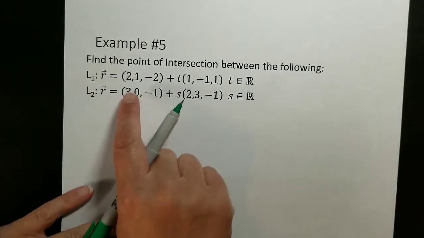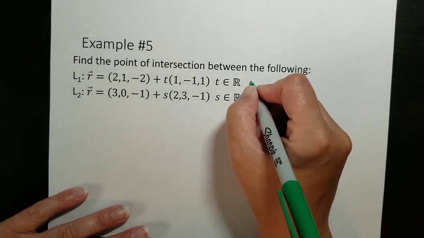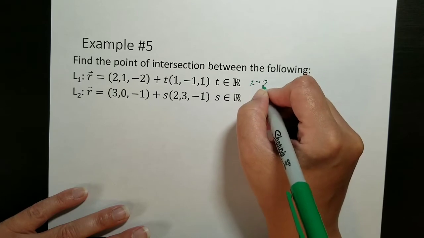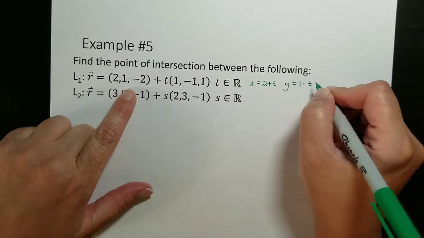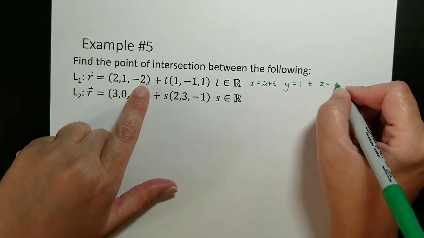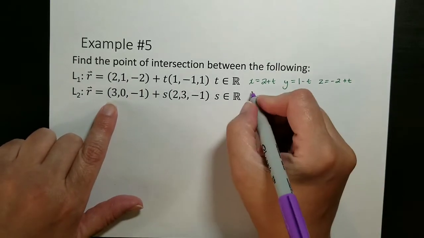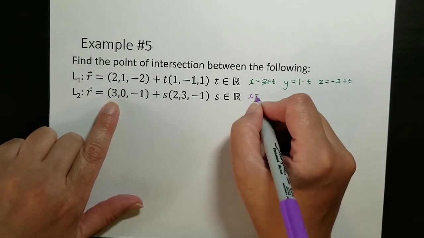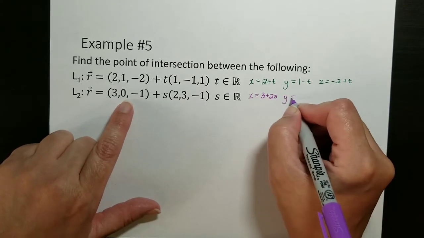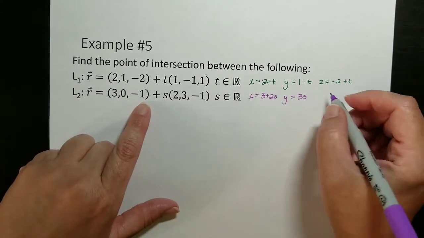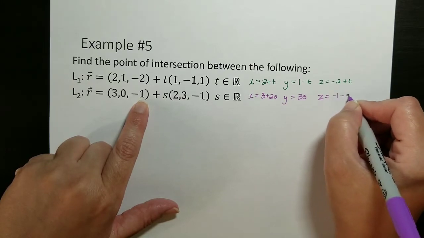So I'm going to take each vector equation and rewrite it as parametric. So the first one, I'm going to say x equals 2 plus t, y equals 1 minus t, and z equals negative 2 plus t. And then the second one, I'm going to say x equals 3 plus 2s, y equals 3s, and z equals negative 1 minus s.